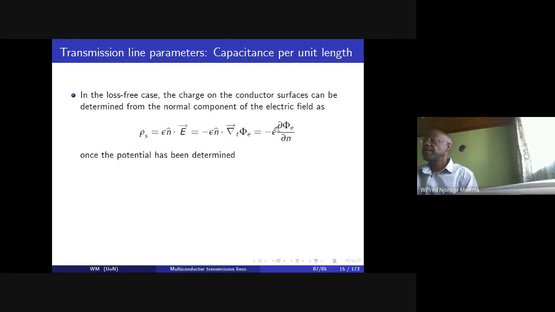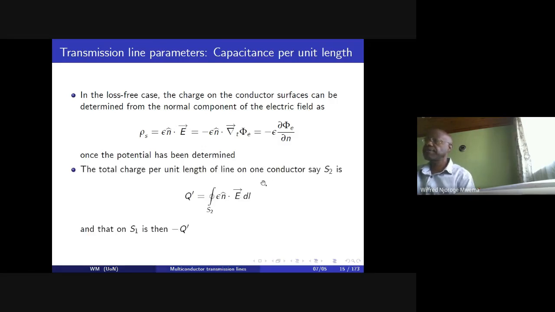This is given by minus epsilon d phi differentiated over the unit normal. And therefore, once the potential has been determined, we can always get the value of the surface charge density on the conductors.